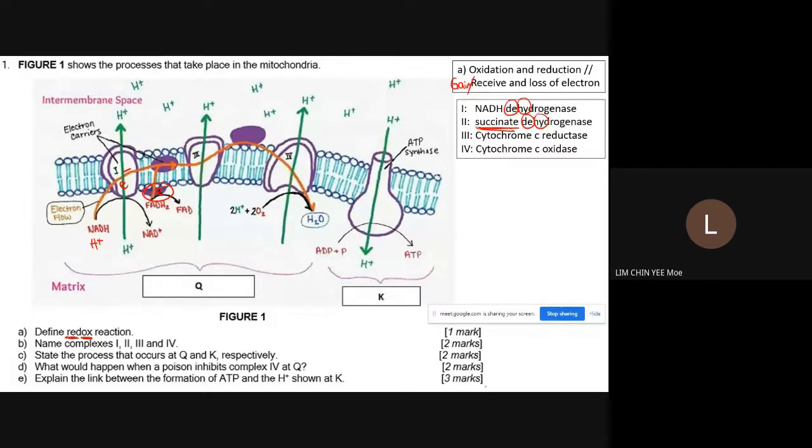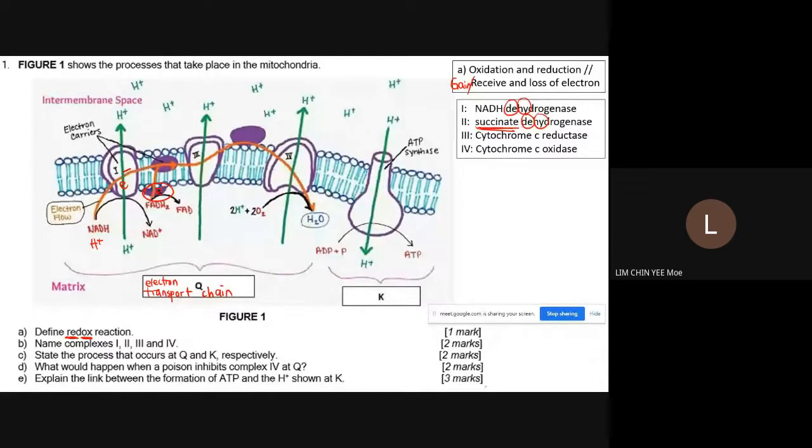C. State the process that occurs at Q and K respectively. Q ialah electron transport chain. ETC, electron transport chain. Write in full will be better. Okay.